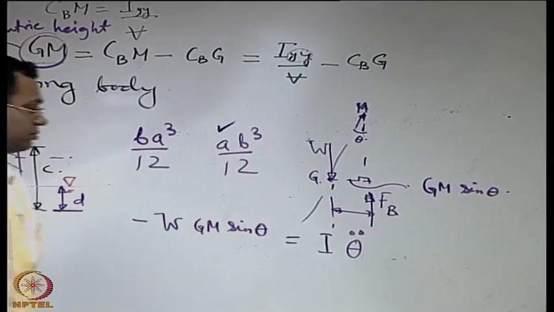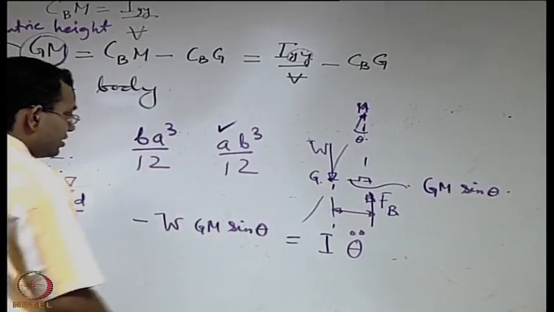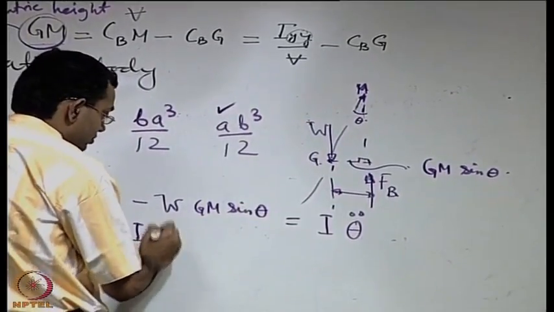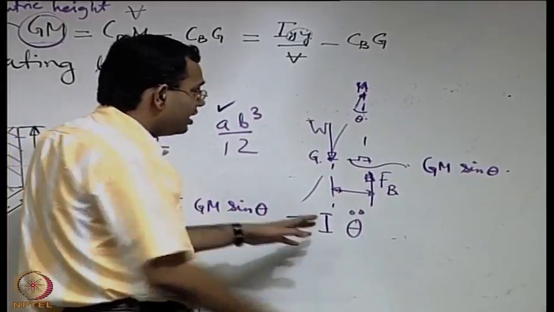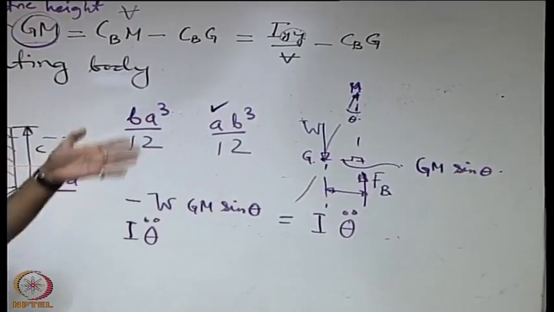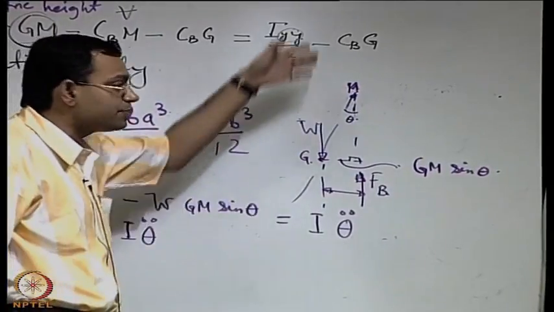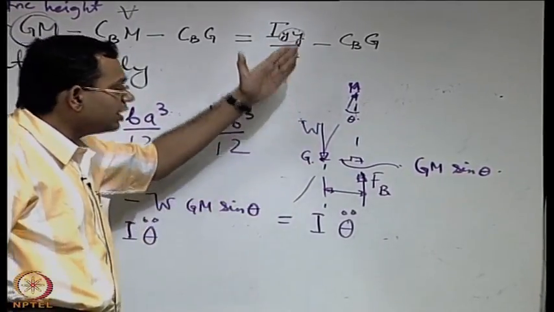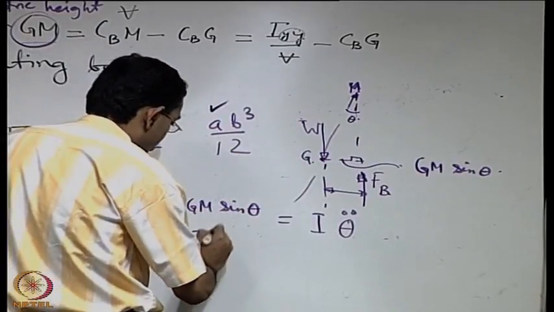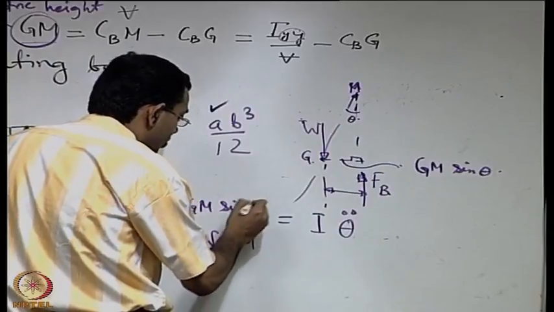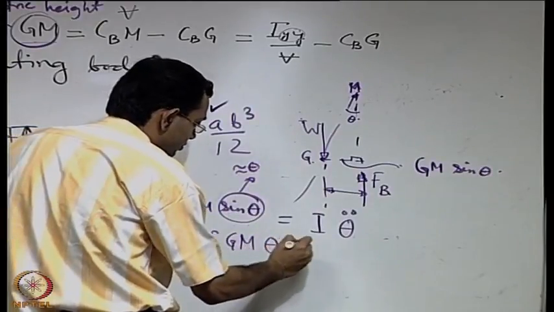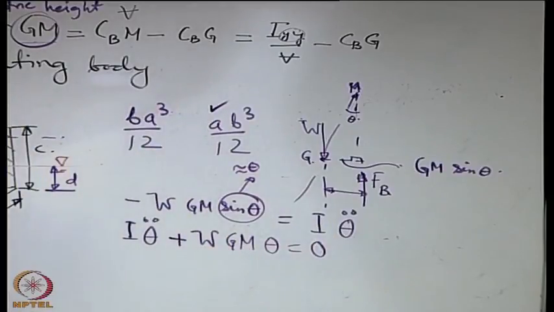So you can write this as I theta double dot, where I is the mass moment of inertia. It is not the same I that we were talking about earlier; it is the real mass moment of inertia with respect to the axis of the body relative to which it is tilting. Plus W GM sin theta, and for small theta this is approximately equal to theta, equal to 0.